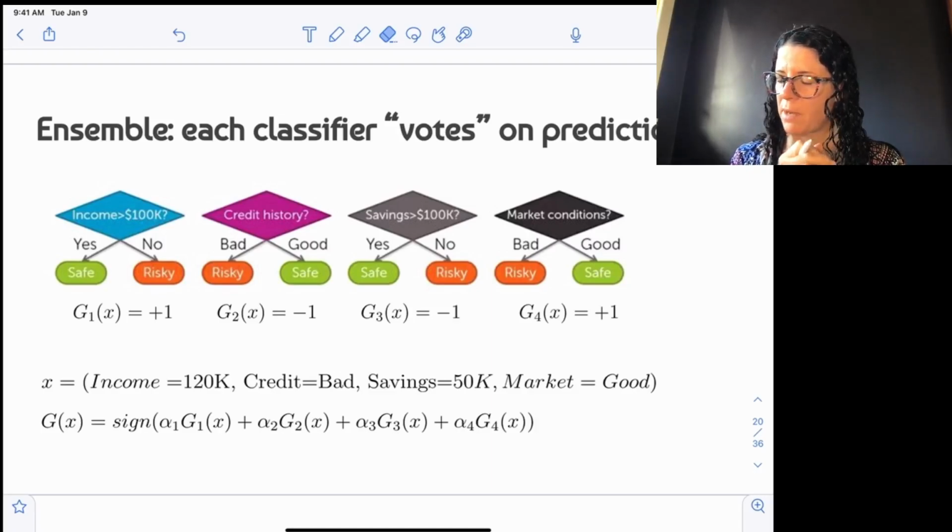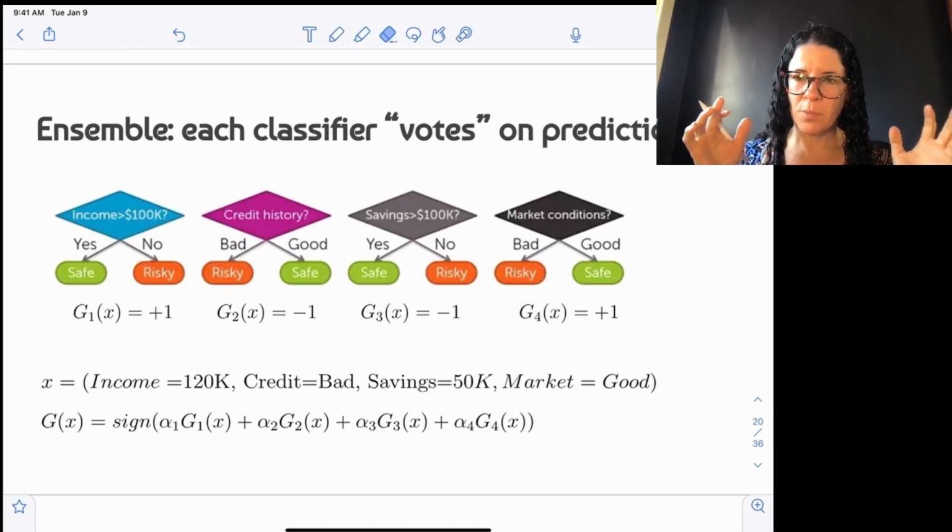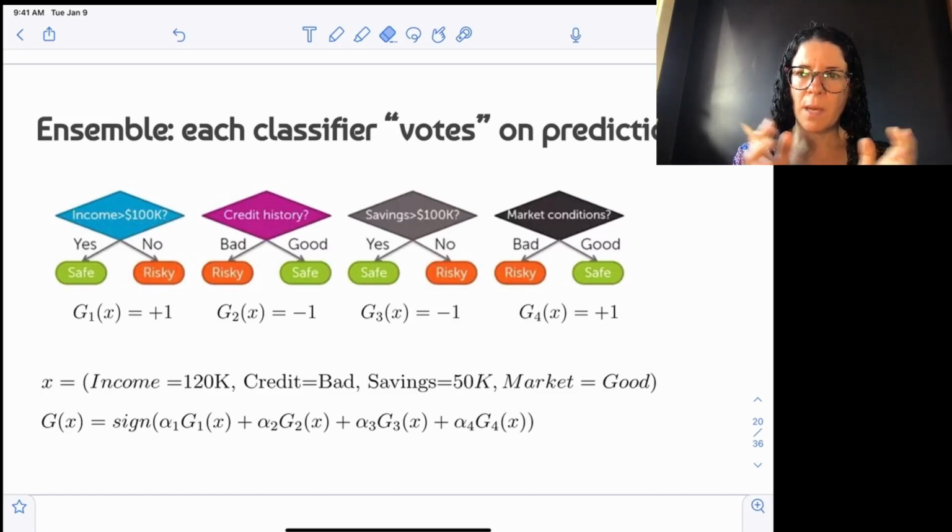And then after we take this weighted average, we take the sign of the sum of the predictions. Remember that in the setting we're talking about, G1, G2, G3, G4 each predict +1 or -1.